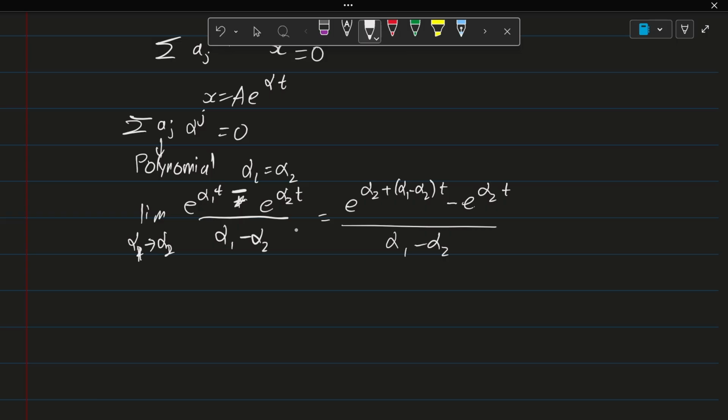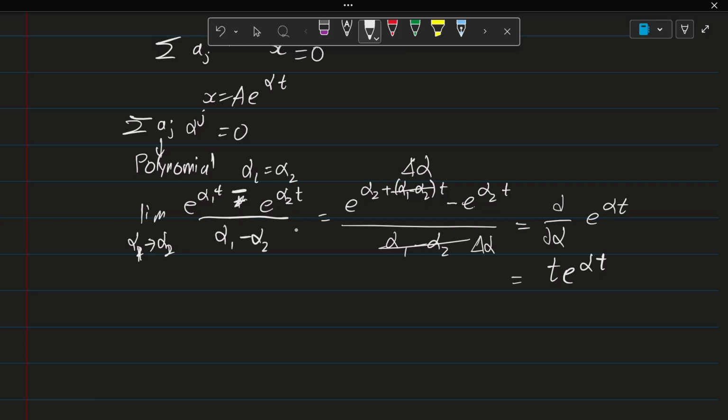Well, let's just reverse the order. And this could be denoted as the delta alpha. And so this is just pretty much the derivative with respect to alpha of e to the power alpha t. So another type of solution is t e to the power alpha t. And this is a solution if there's a degenerate case.